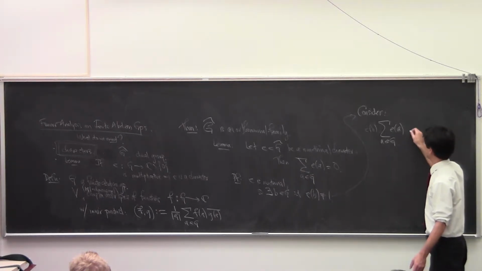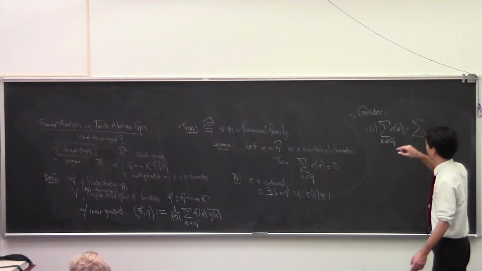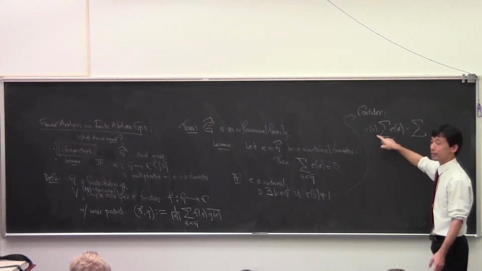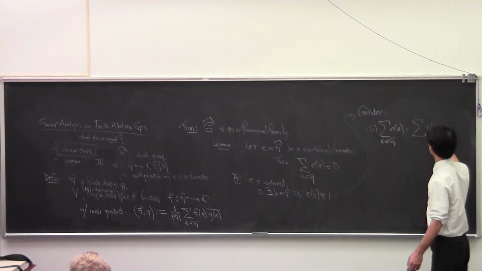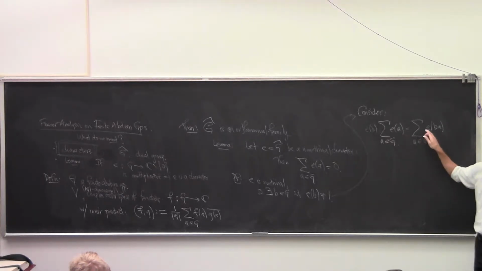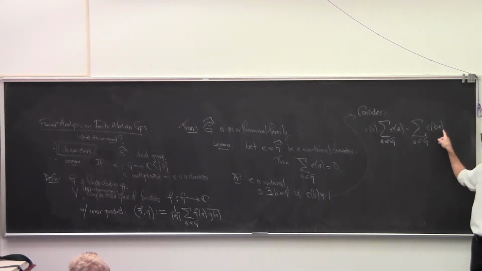Okay, well, since this thing is a character, and this is a finite sum, we can pull it in, right? Character, we can combine, right? That's just a property of the character. Now, this B, if we take the sum over all BAs, well, we get the sum over the whole group again, right?